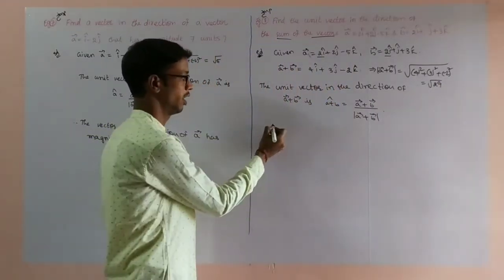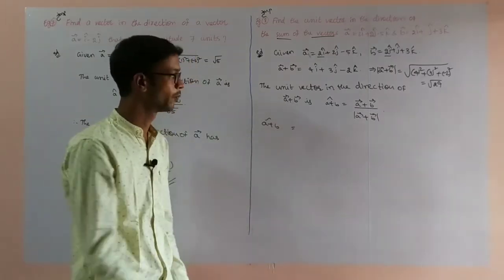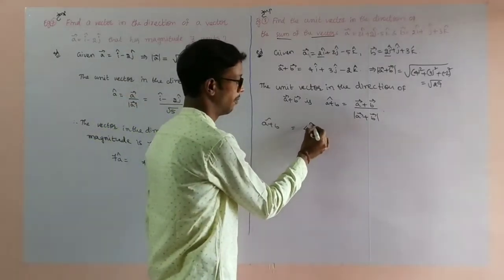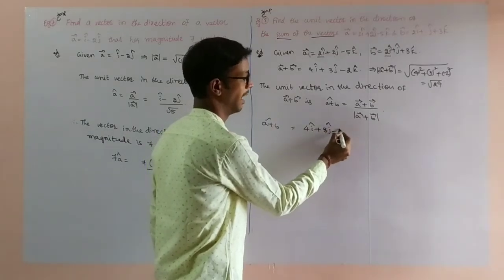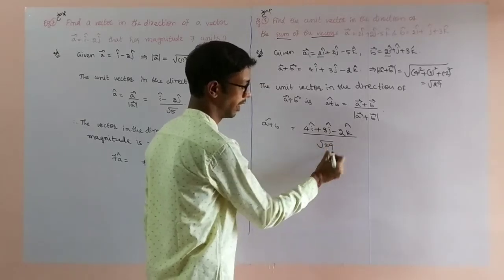Now we substitute here: the cap of a plus b equals 4i cap plus 3j cap minus 2k cap divided by square root of 29.